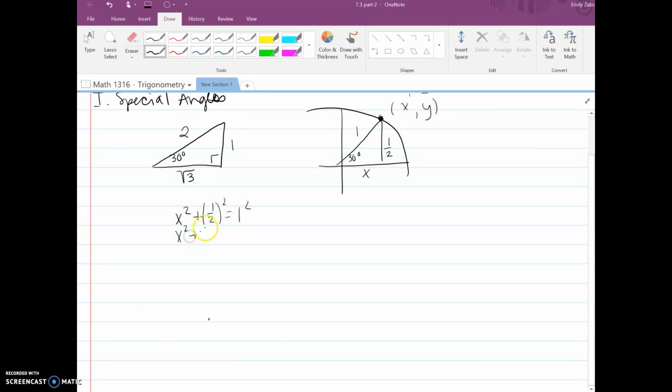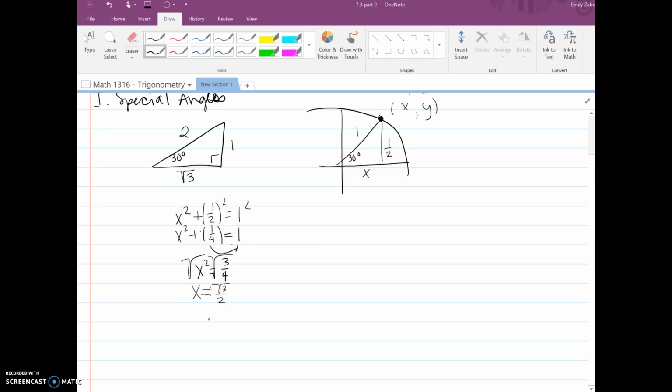Solve that out. x squared plus 1/4 equals 1. Move this 1/4 over, so I get x squared equal to 3/4, and then eliminate that squared by square rooting. I get x equal to the square root of 3 over 2.